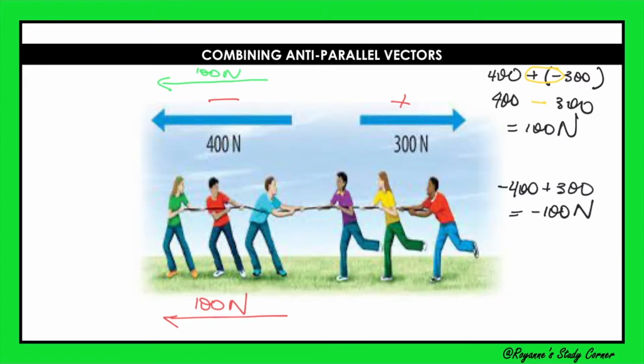So you see, regardless of which we put as negative and which we put as positive, you'll get exactly the same answer, as long as we remember that all this negative sign shows us is the direction of the force. Now, more likely than not, you are probably going to stick to the norm, which is that any vector moving to the right is denoted as positive and to the left is negative.